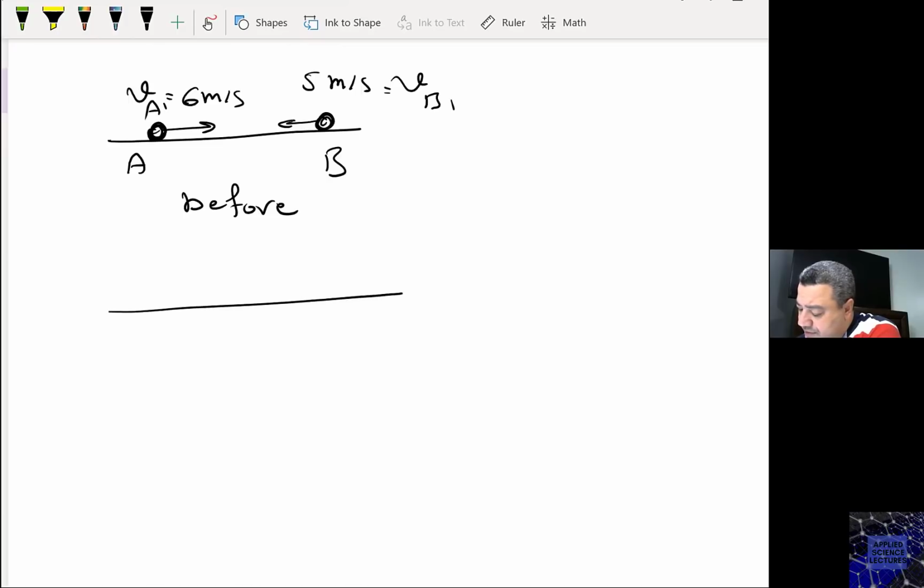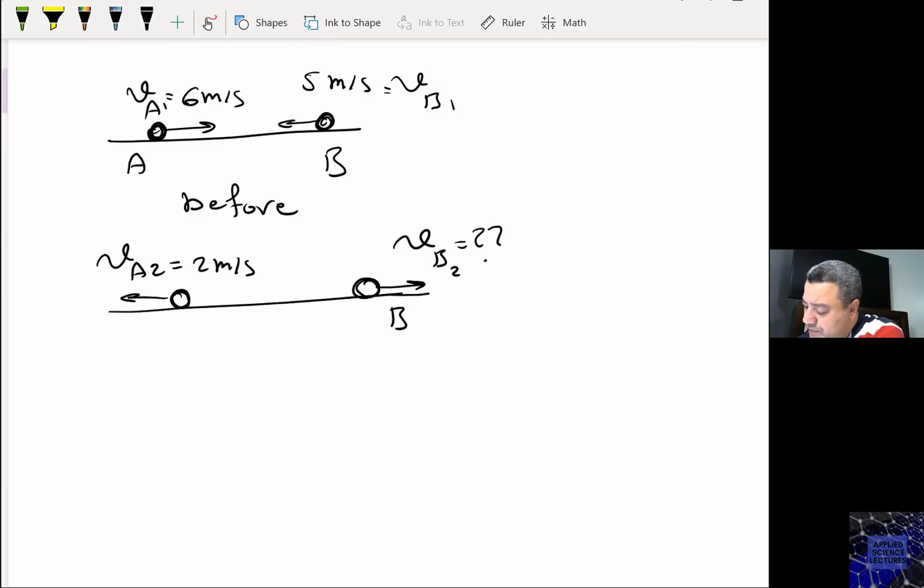I have the after here. This one bounces back with a velocity VA2 equals 2 meters per second. This one, I have no idea. I will pick this direction, we will see. VB2 is unknown.